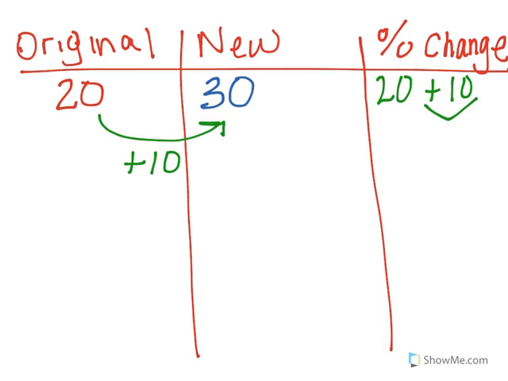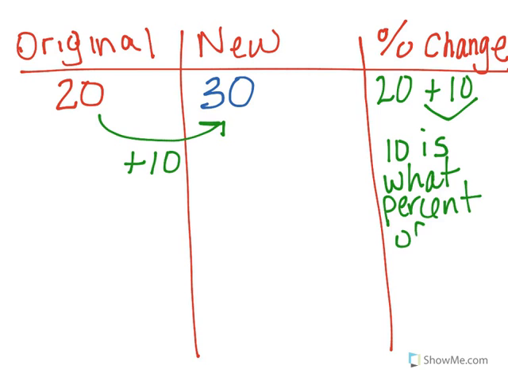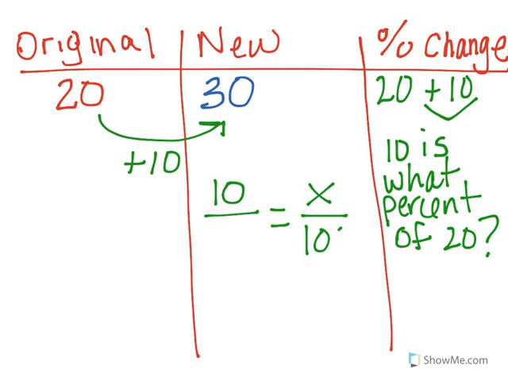So this is what I want to figure out: 10 is what percent of 20. That's how I'm going to figure out my percent. So 10 is my is, what percent, and my of is 20.